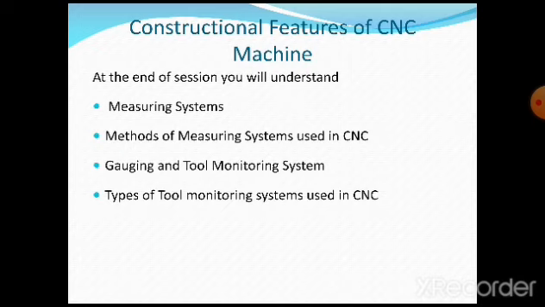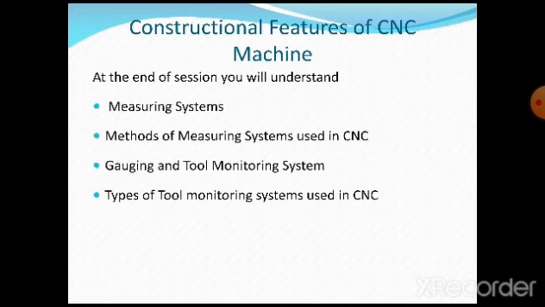So in today's session, we shall have a detailed discussion of how a CNC machine is designed to carry out the process of measuring the movement of the table in X and Y directions, and also the rotational speed of the workpiece, how this is monitored and how this is measured. That is all we are going to discuss in today's session.